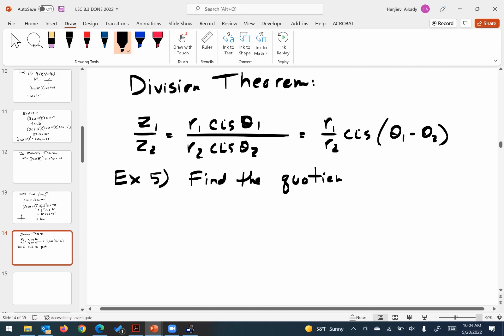Okay, this is a problem. Find the quotient of 20 CIS 75 degrees and 4 CIS 40 degrees. Not bad, not bad. Okay, all yours.